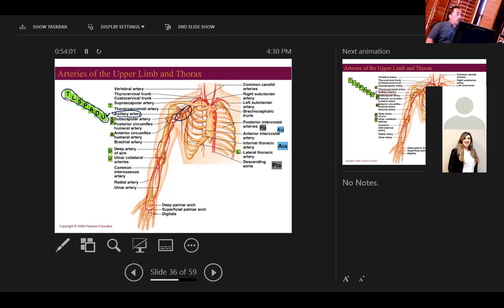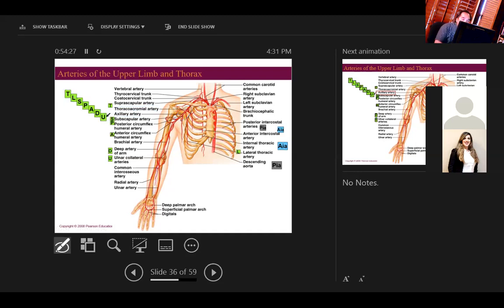Okay, so again, the name of the vessel is actually where it's going. Okay, the location. We don't invent names. We actually just tell you the name of where it goes to, and that's going to be the branches of the axillary artery. First, T, thoracoacromial artery. I should look for a vessel from the axillary artery that goes to the thoracic and the acromion.